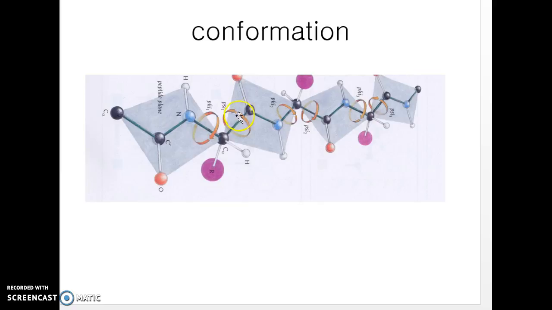Okay, not totally, completely free to rotate, because between peptide bonds and side chains, they overlap statically.